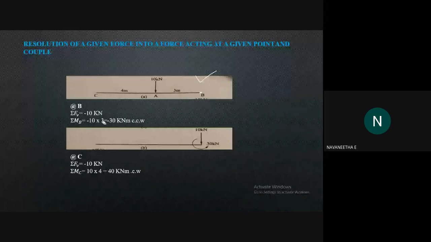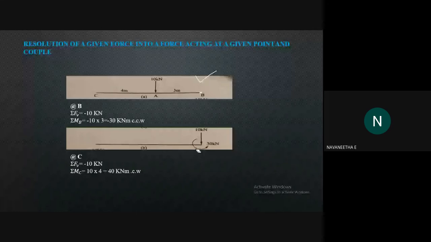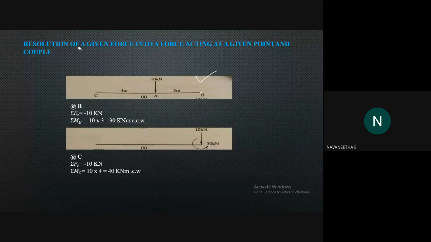That is negative 10 kilonewton. Then you have to consider the moment about B. That is 30 kilonewton meter counterclockwise. So you have to apply 30 kilonewton meter at the point B. Okay. So you need to resolve a given force into a force acting at a given point and a couple.